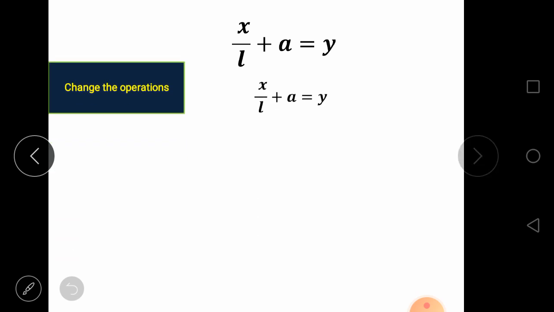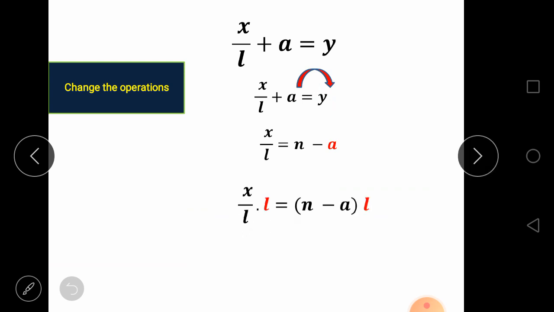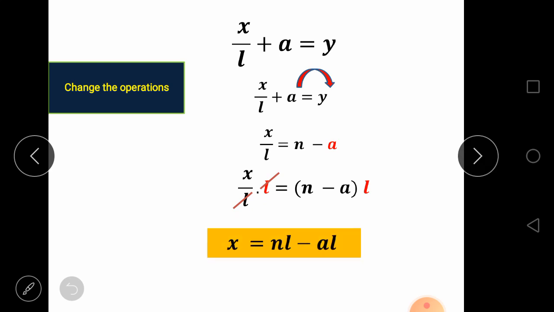First we transfer a, or we subtract a. So it will be x over L equals y minus a. Okay, so here we transferred a, and then we multiply both sides by L, and then we get L cancelled with L, and then we are left with x equals yL minus aL. Here because we multiply both by L. So this is the first type.